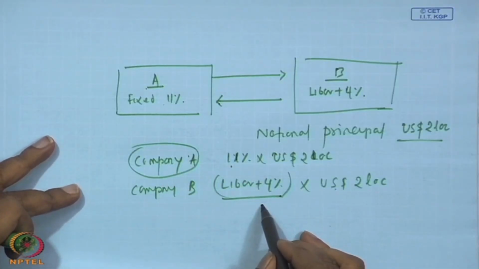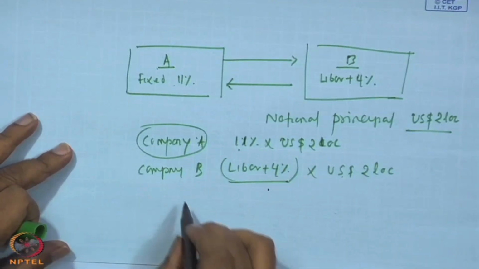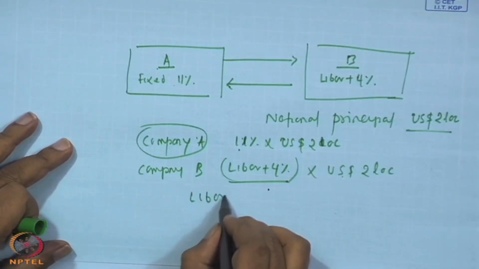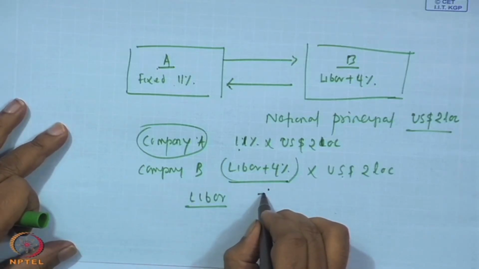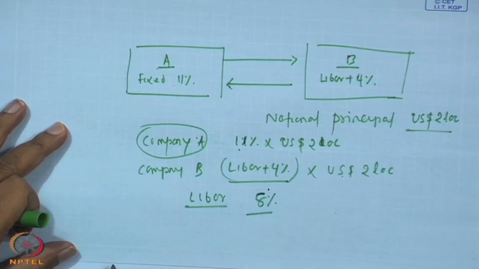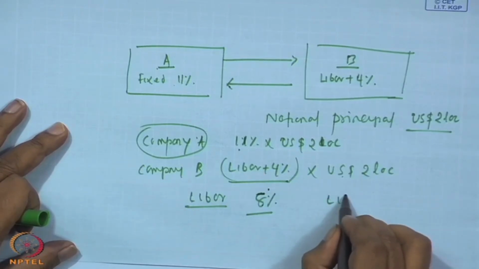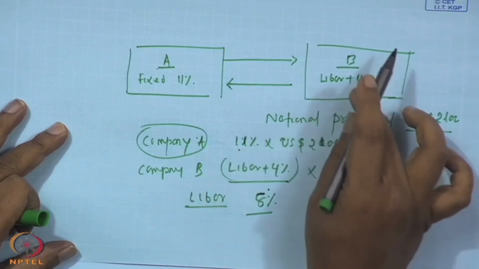Now, the transaction takes place, suppose every year. Suppose after 1 year, 1 year LIBOR becomes 7%, 8%. So, what is the floating interest rate? LIBOR plus 4% for company B. Company B is borrowing.